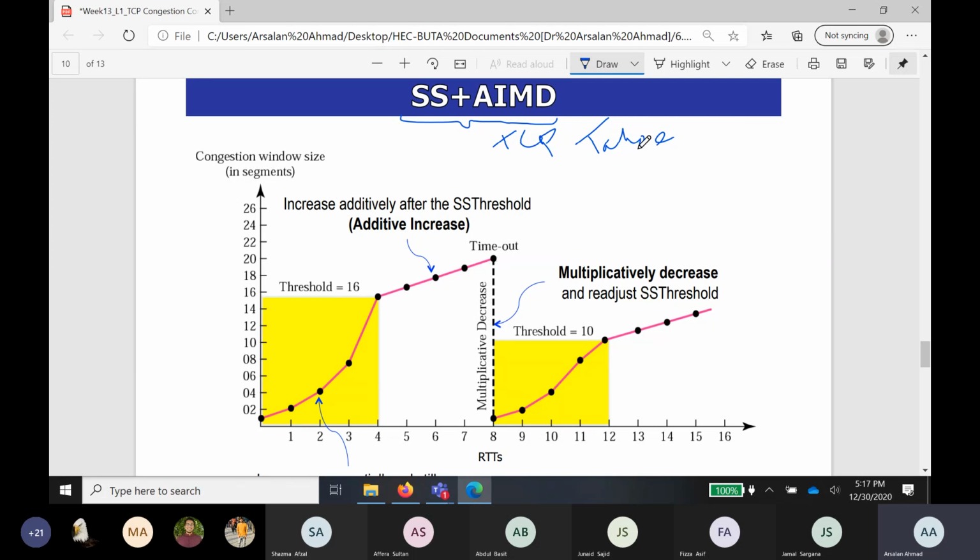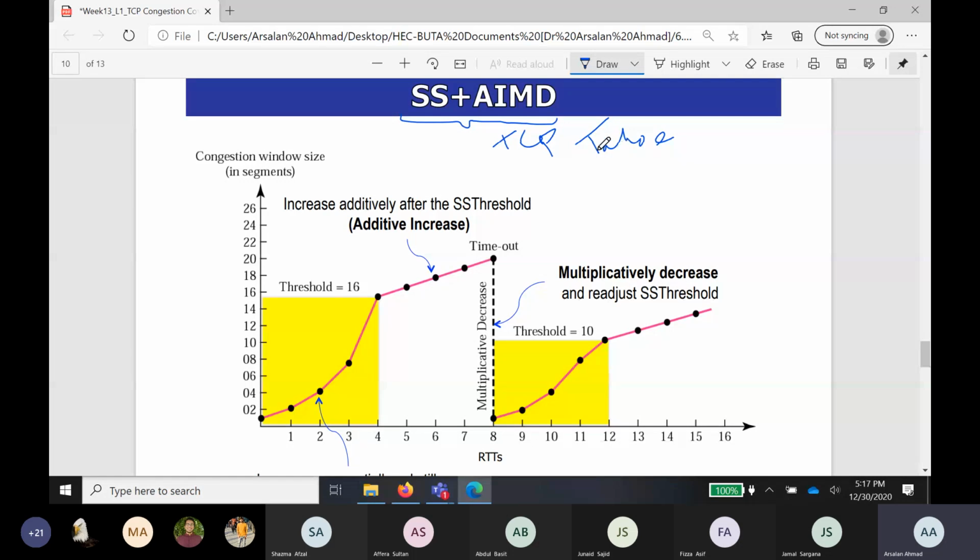Please note that the MD part of TCP Tahoe is a bit different, because remember that this was the first ever congestion control algorithm. The world was trying to recover from a very bad state of the internet, the congestion collapse, and obviously the behavior was very careful.